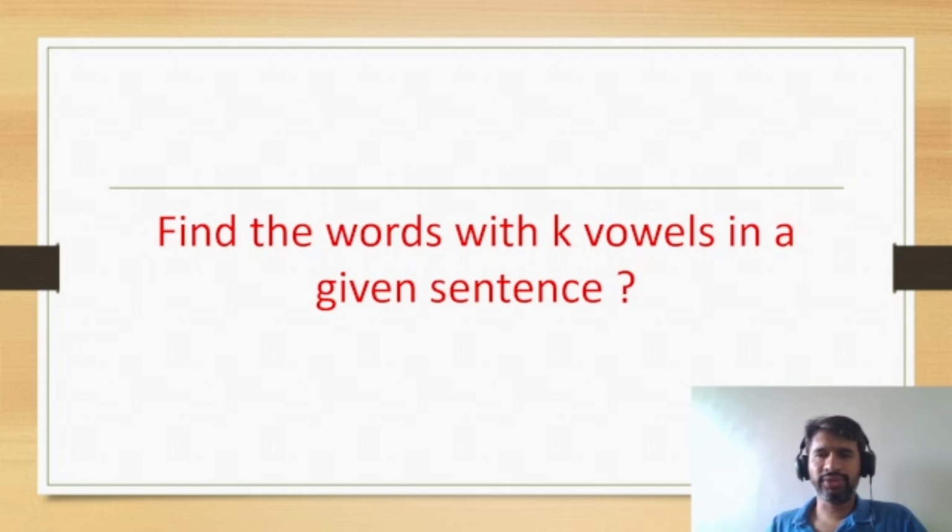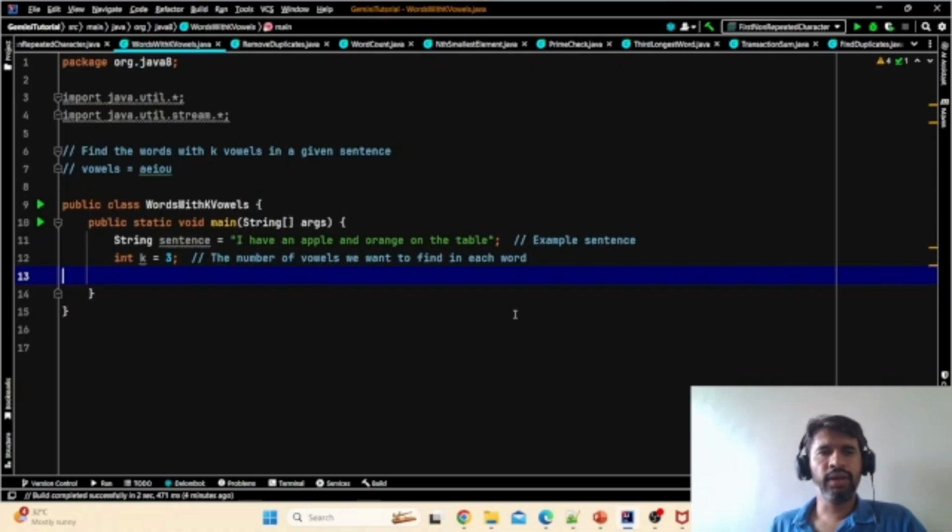Let's try to understand more with an example. Here we have a given sentence like "I have an apple and orange on the table." It's an example sentence. In this case, k is 3, the number of vowels we want to find in each word.